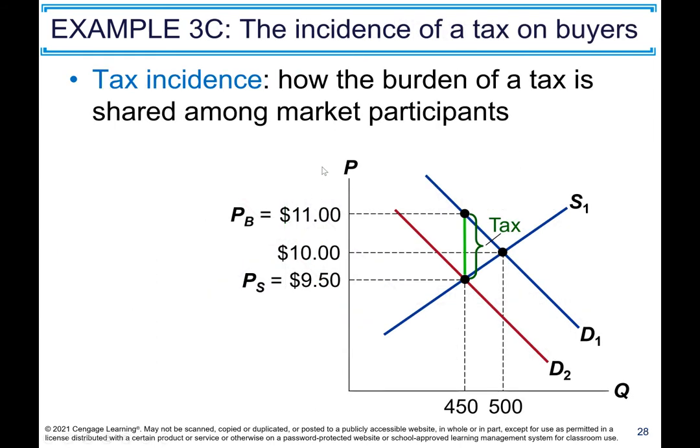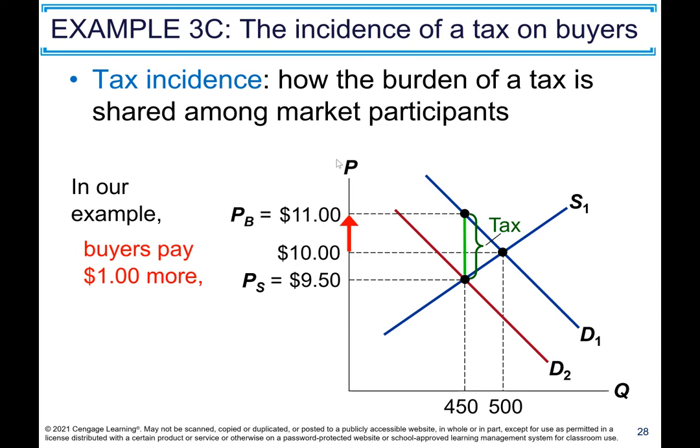Tax incidence is how the burden of a tax is shared among the market participants. In this case, the market participants are the seller and the buyer. In this example, the buyer pays $1 more. The original price was 10, now the buyer is paying 11. The seller is receiving 50 cents less.